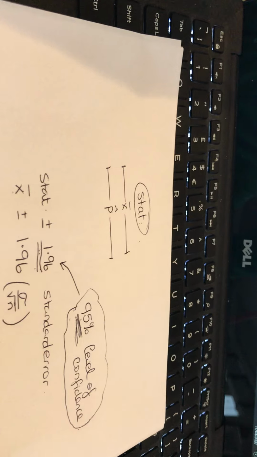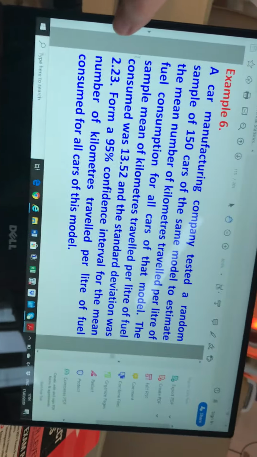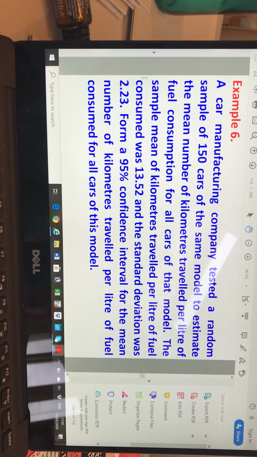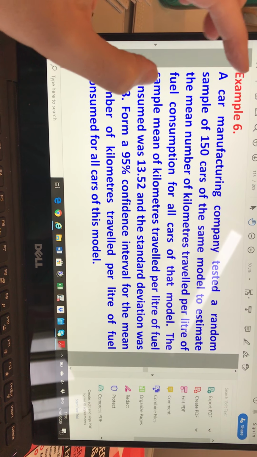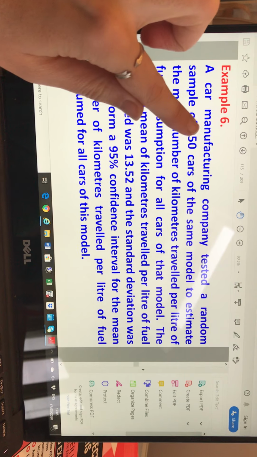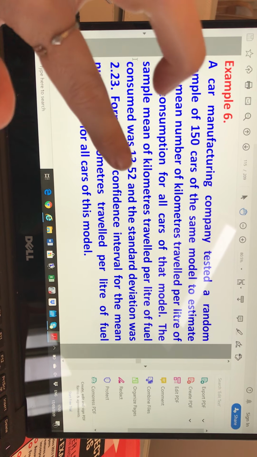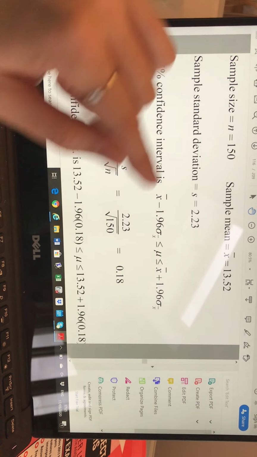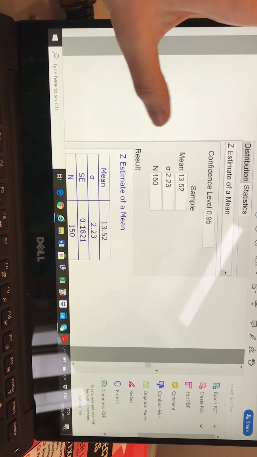So x bar in this situation was 13.52 plus or minus 1.96 times 2.23 over root 150. So you use your statistic, you add on a bit, you subtract a bit to create your interval, and then you're pretty sure that mu lies within your interval.